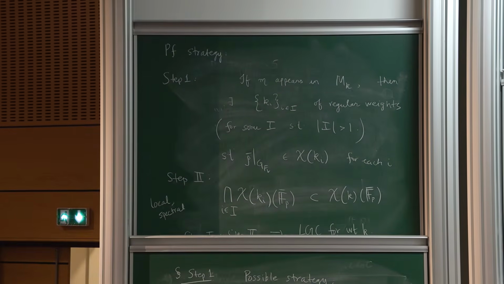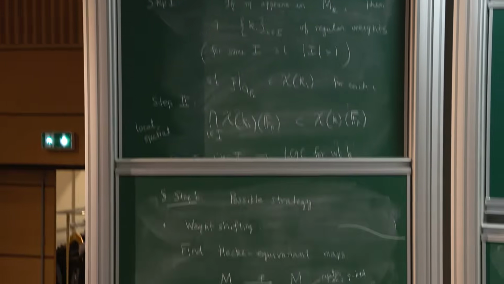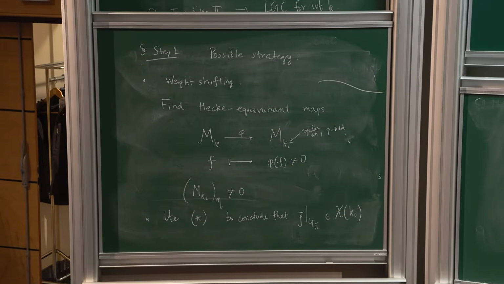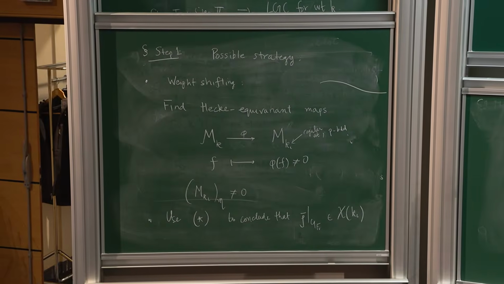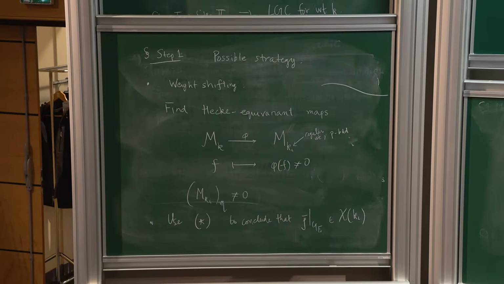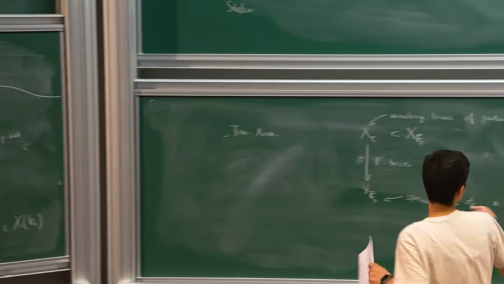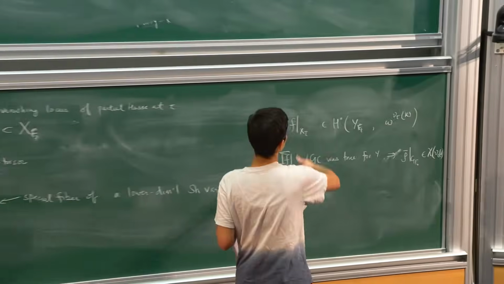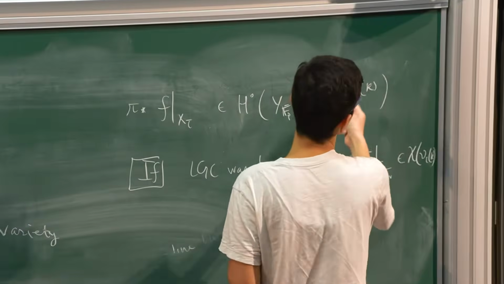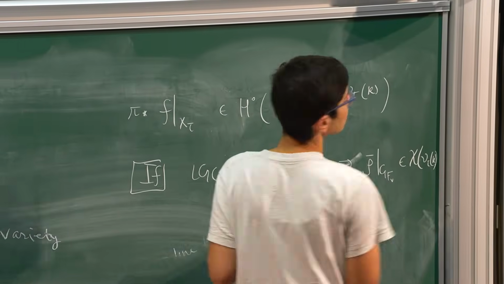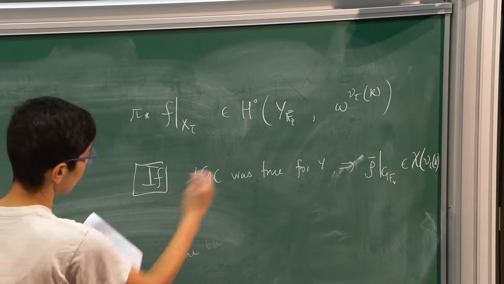So remember, in step 1, we wanted to produce more than one regular weight. We know that the weight mu is very good. Theta can sometimes be bad, so we want at least one other regular weight. And here, if local global compatibility held here, as we knew it held here, then we could deduce that rho bar lives in x nu tau k.